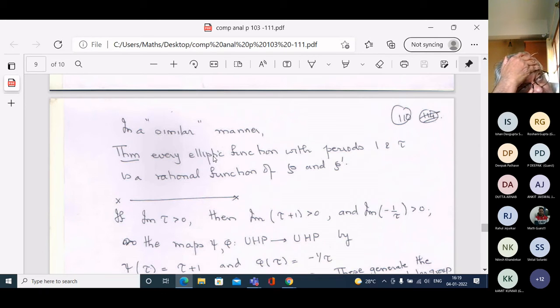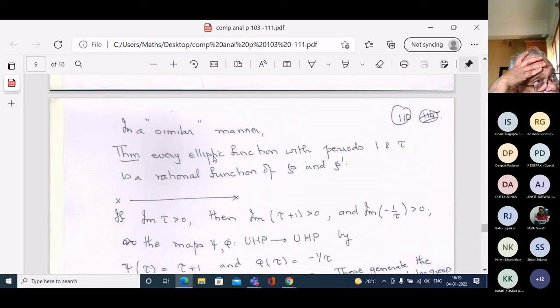What is quite remarkable, but actually follows very easily, and I hope you will read this up, is that every elliptic function with periods 1 and τ is a rational function of ℘ and ℘′. So everything else comes from ℘ and ℘′. That is actually not difficult to see, and the idea is the same: you look at zeros and poles, etc. So please have a look at this.